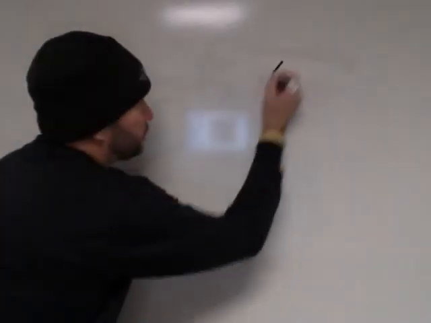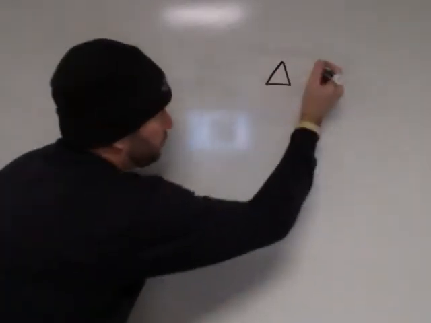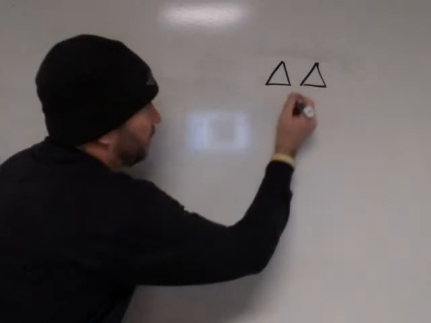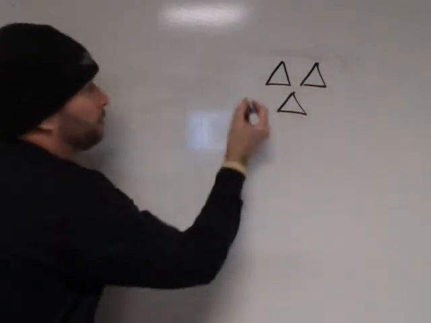Let me go through the information in the book now. One of the things they talk about is writing ratios three different ways. I'm going to put up a couple of shapes here.